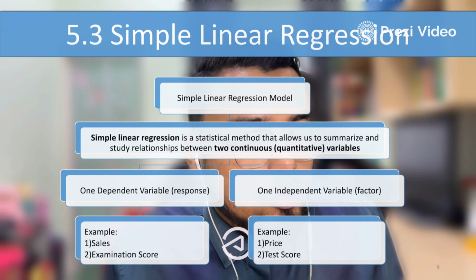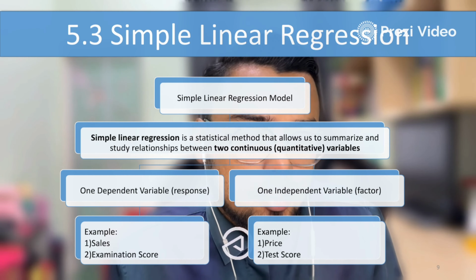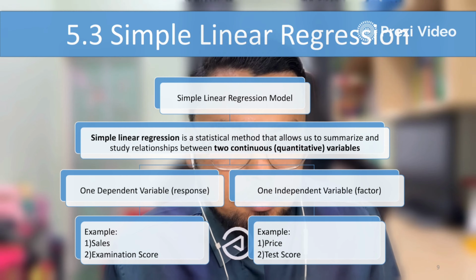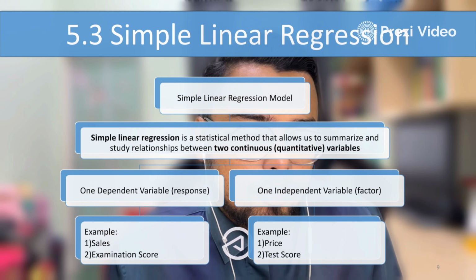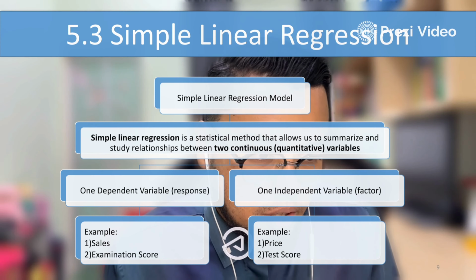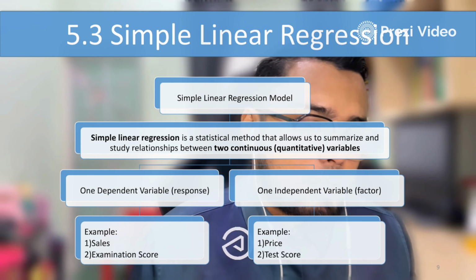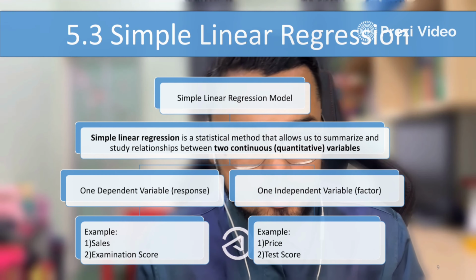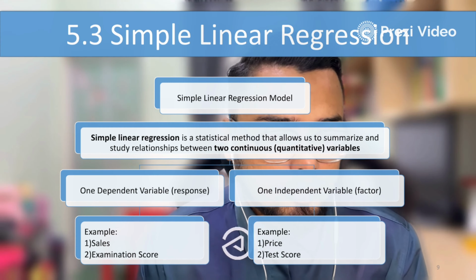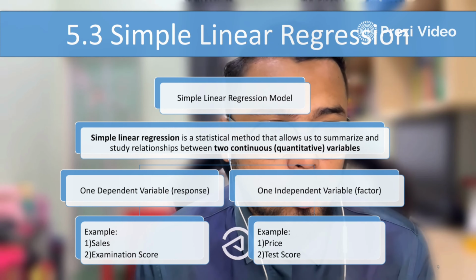For example, the dependent variable could be sales, and the factor could be the price of the product, or the test score or quizzes score.